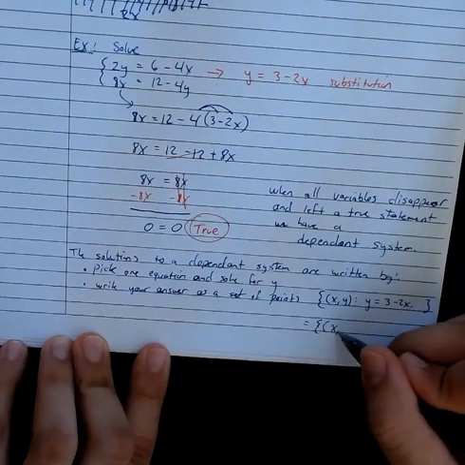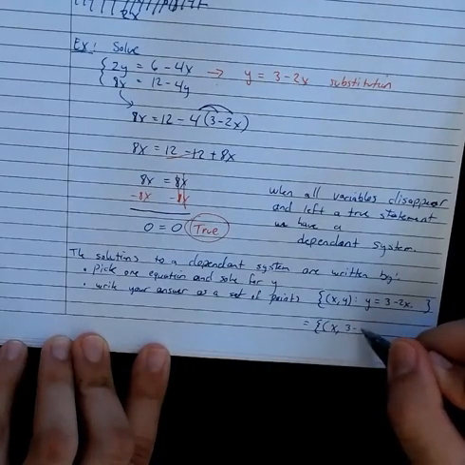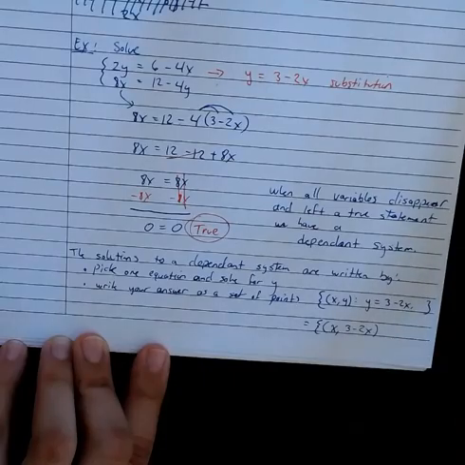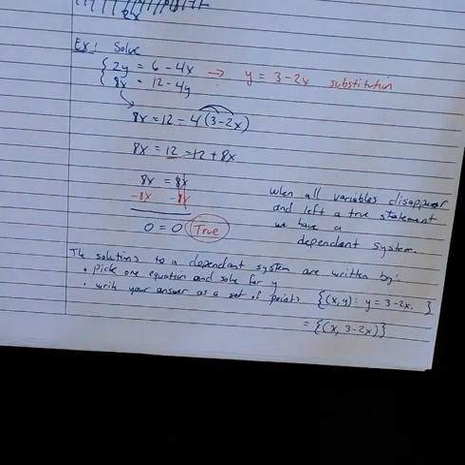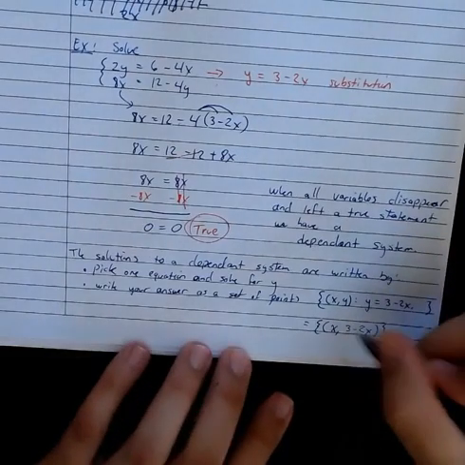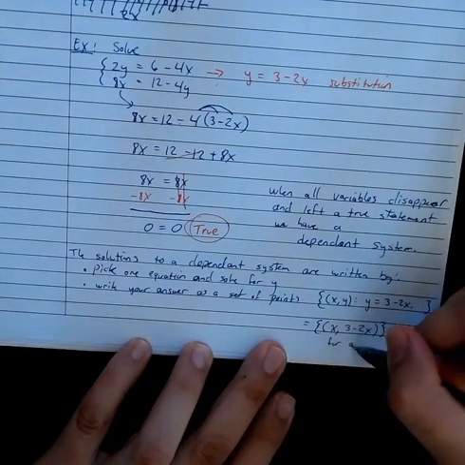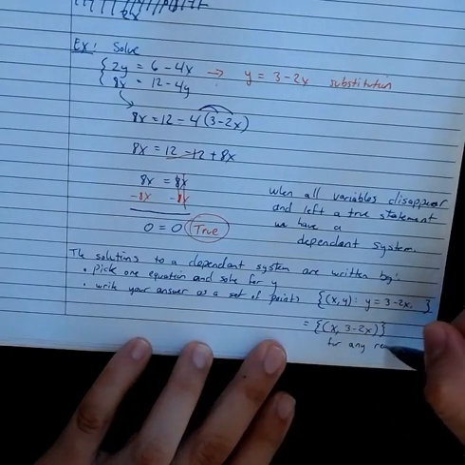So it's going to be the set of points x, comma, 3 minus 2x, like that. And this is saying, as long as you give me some x, it doesn't matter what number it is, this is for any real number x.